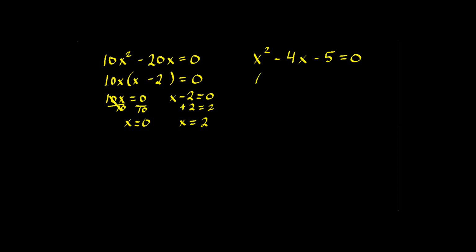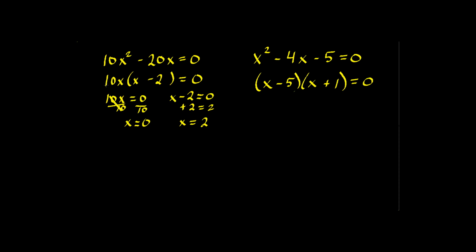Now, you might notice that x times x will give us x squared, and that there are two numbers that multiply together to equal negative 5 that will also add up to negative 4. And those numbers are negative 5 and positive 1. So this is the correct factorization for this trinomial. It factors into two binomials.